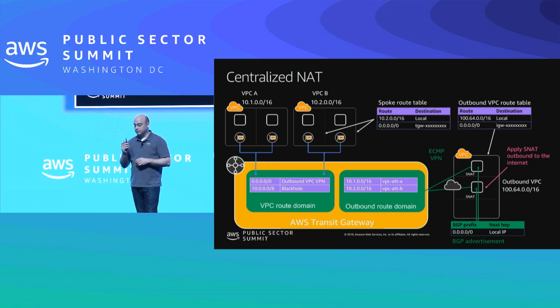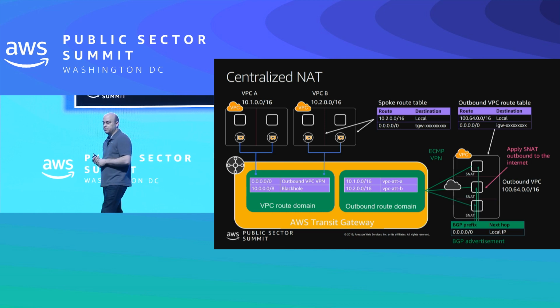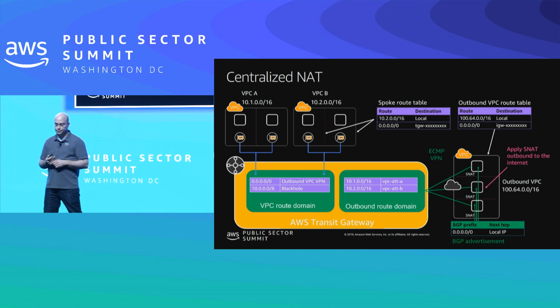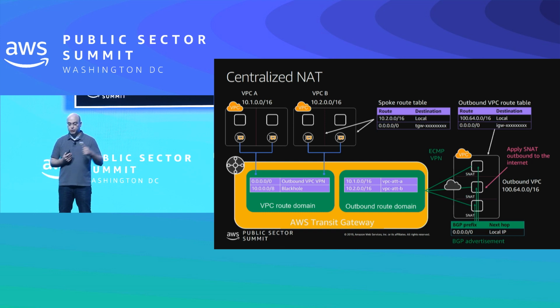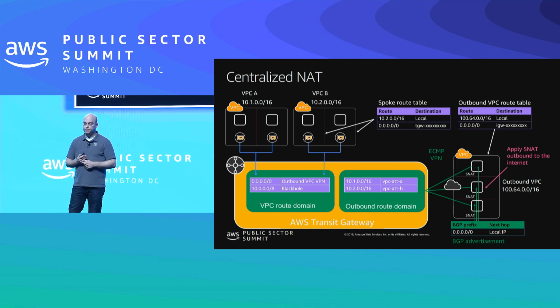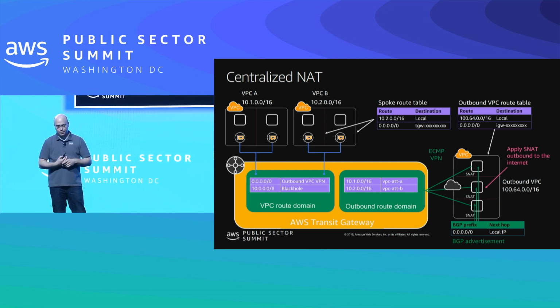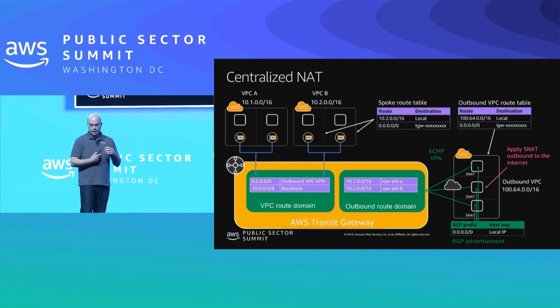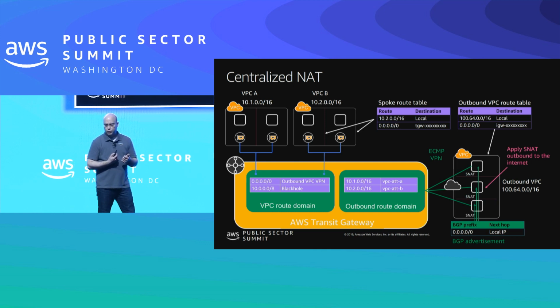With this configuration, I can spin up as many instances as I like. The VPN terminates on those instances. The instances announce a default prefix, which is installed into the VPC route table. VPC-A and VPC-B, their route information is propagated into the outbound route table. And otherwise, this looks very similar to what we saw before.